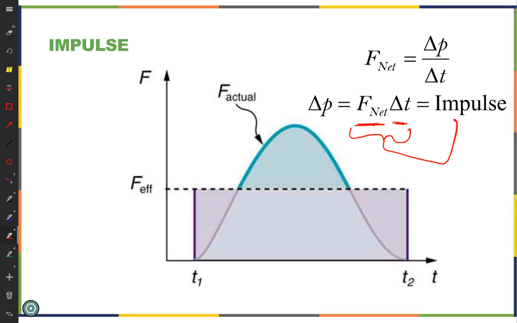So the goals of all of these safety things I've mentioned so far were to make the time for you to stop a longer time. Because Newton's second law here says that if you can make the time part longer, then the force goes down, less force in you, less damage on you.